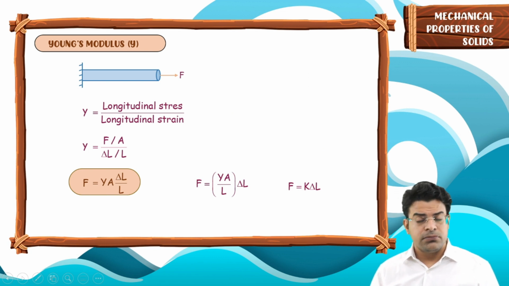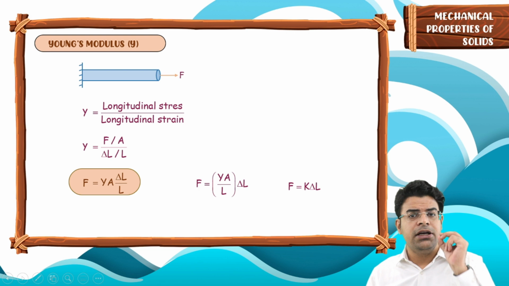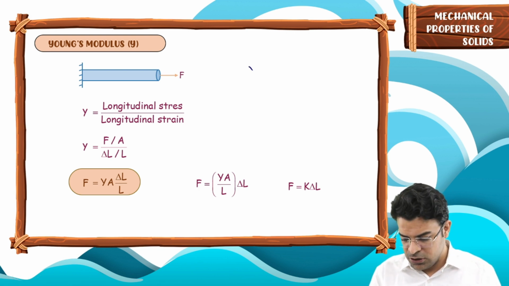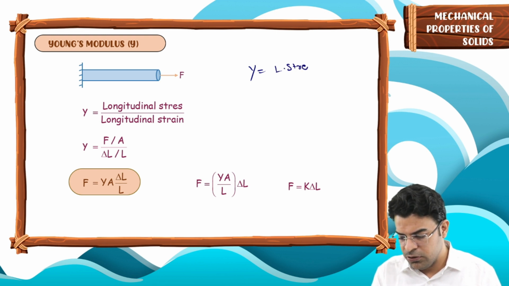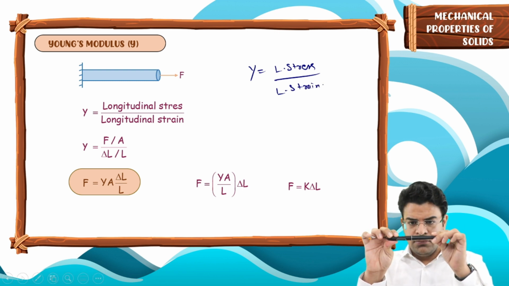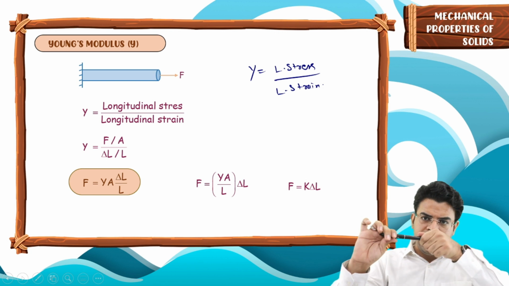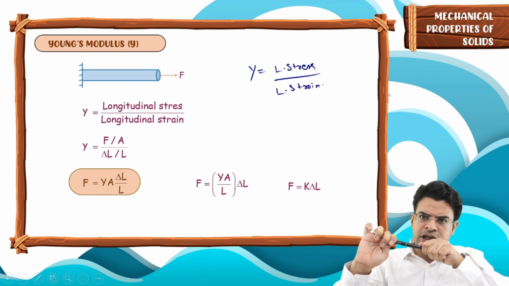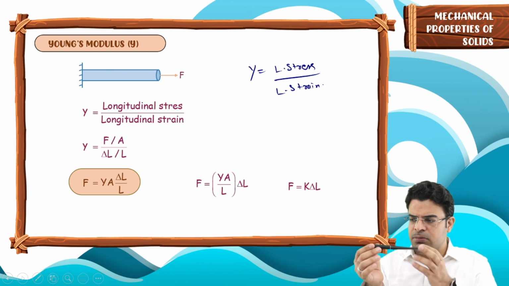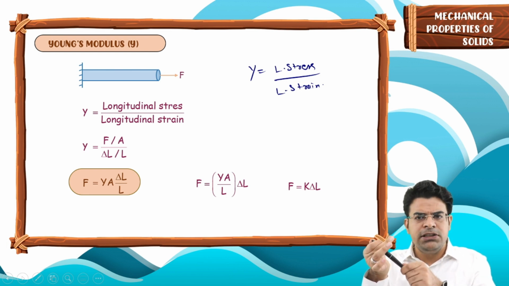Now, students, there is one thing you need to remember. What happens to the Young's modulus of a material when you heat it? Sir, Young's modulus equals longitudinal stress upon longitudinal strain. If I heat this pen, will elongating it become easier or difficult? This pen is made of plastic, so if you heat it up, elongating it becomes easier.